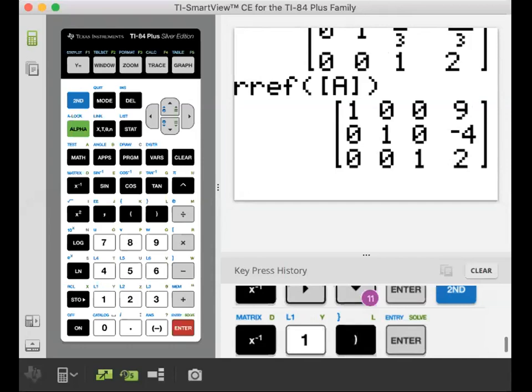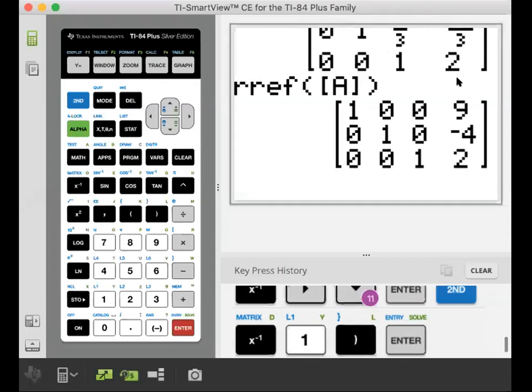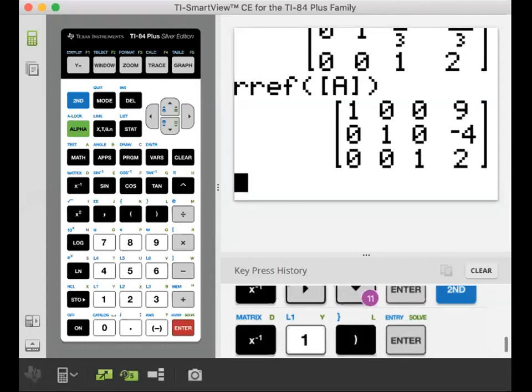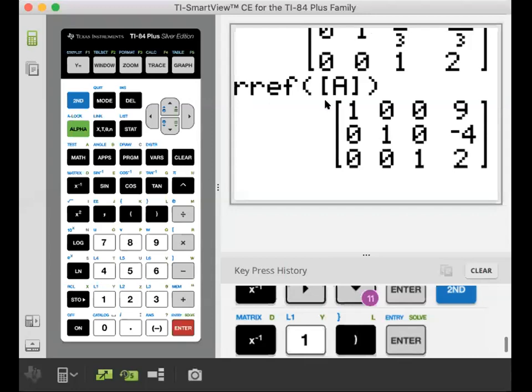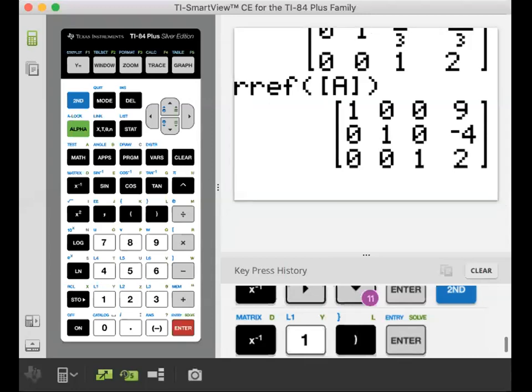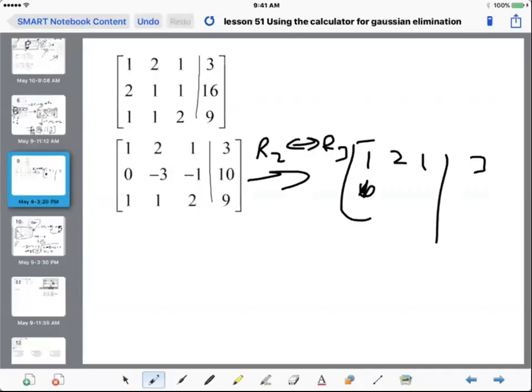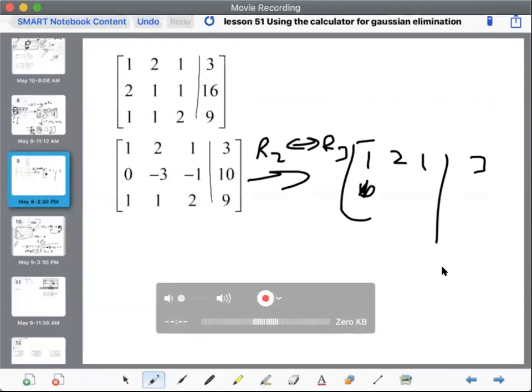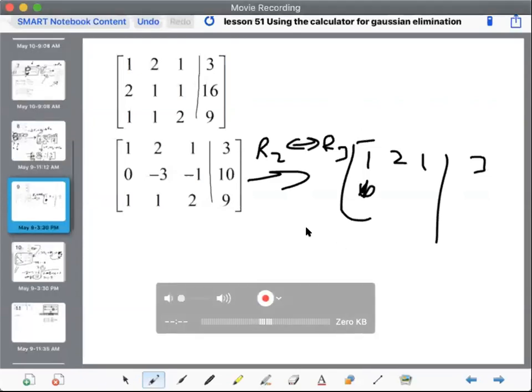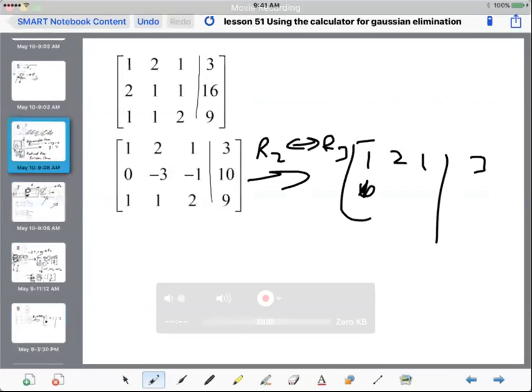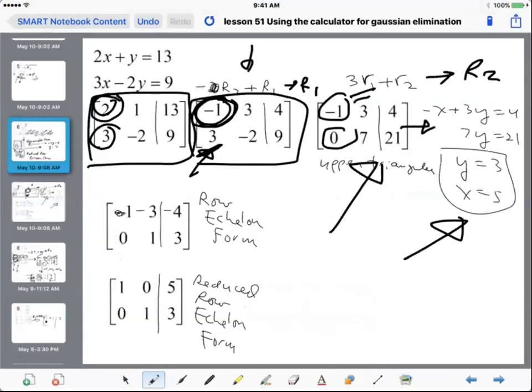Let me go back to the iPad to show people that. Sorry about that. But the lesson today was that there is a really, really easy way to do matrices for systems of equations on the calculator using the REF and the RREF.